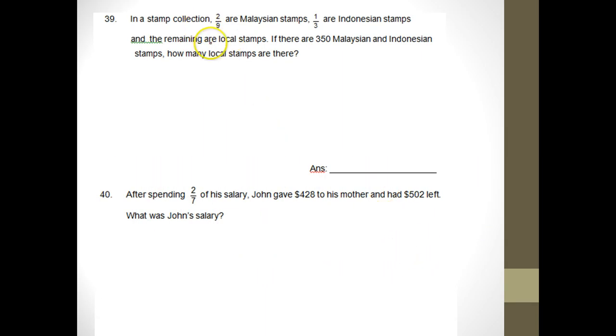Question 39. In a stamp collection, 2/9 are Malaysian stamps, 1/3 are Indonesian stamps, and the remaining are local stamps. So I know there's a whole. Malaysian 2/9, Indonesian 1/3, local I don't know, right?